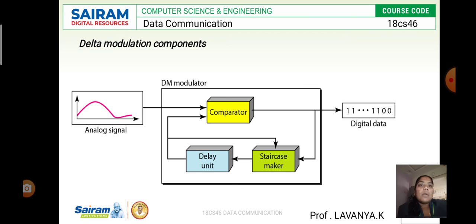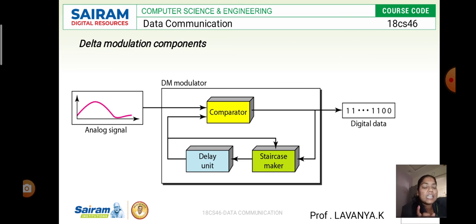In delta modulation, the components we use are the analog signal, the delta modulator, and in this modulator we use a delay, a staircase maker, as well as a comparator. Then finally we produce the digital data.